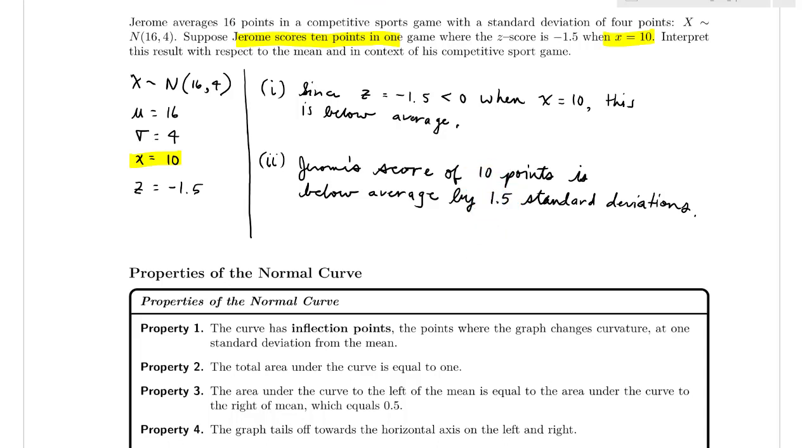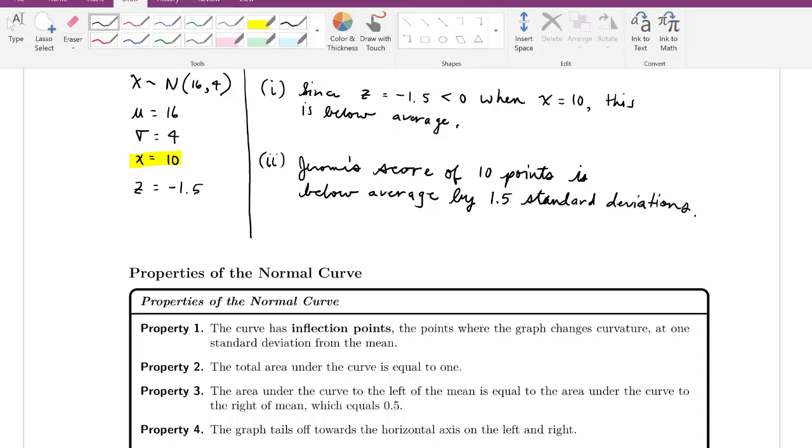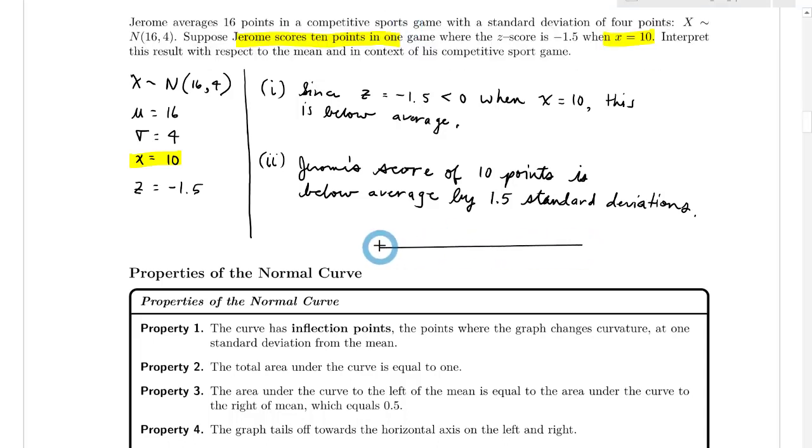So if I put this on a graph, let's say here's the standard deviations where z is equal to 0. When we standardize, what we call a z-score is essentially a standard deviation because it's unitless.